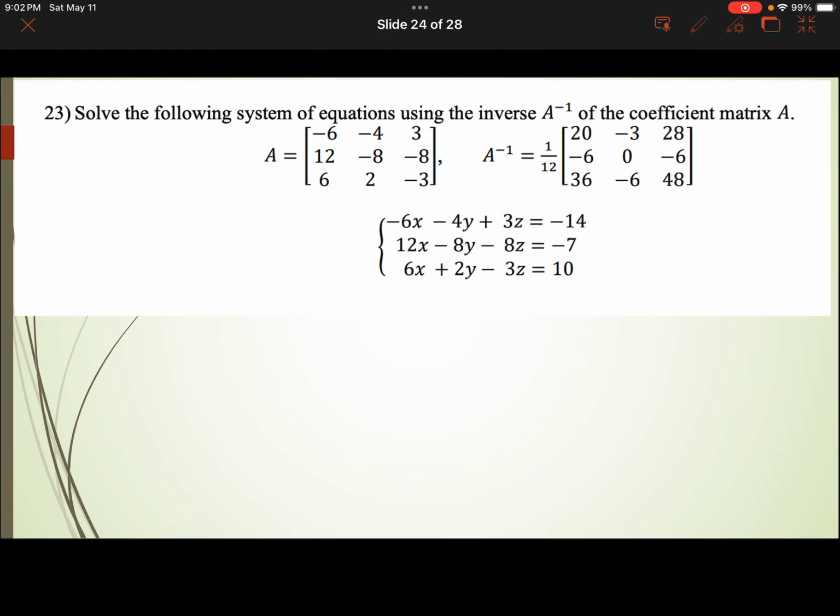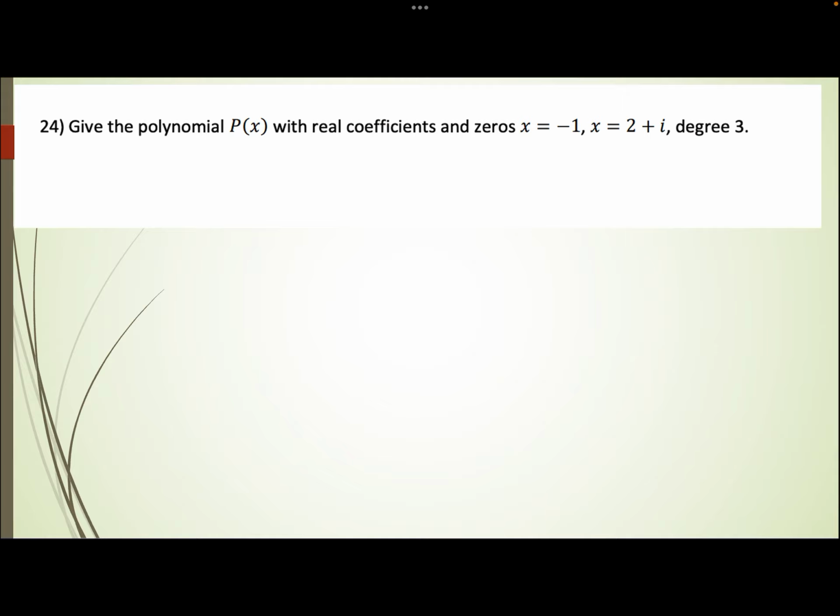Okay, so we're going to write these again as x plus 1, and then x minus 2 plus i, and x minus 2 minus i. Because remember, when I have an imaginary zero, I need its conjugate also. So I'm going to distribute through here again.